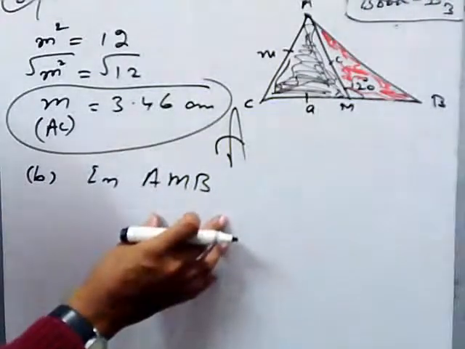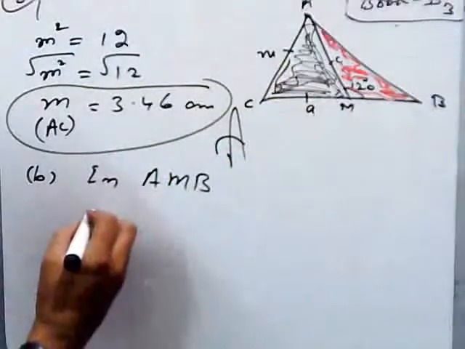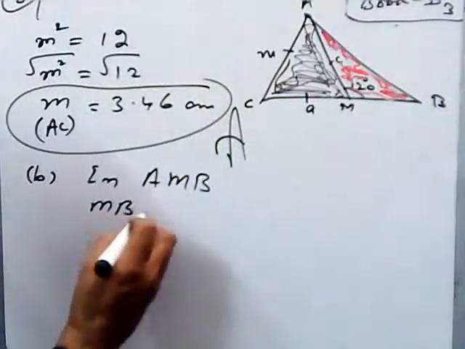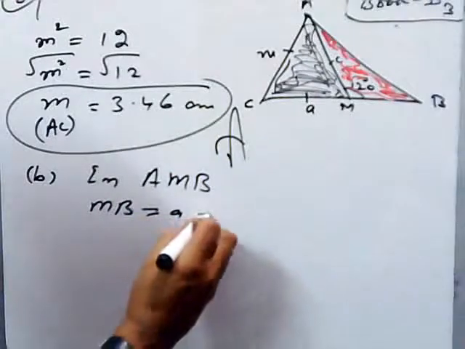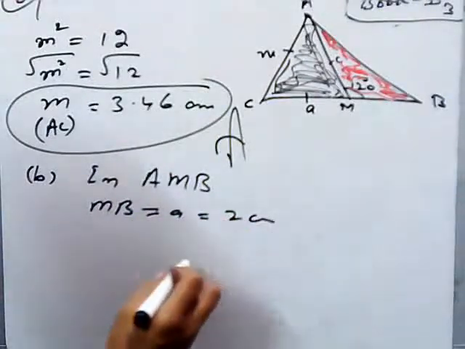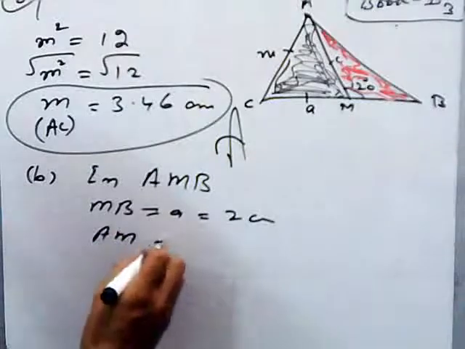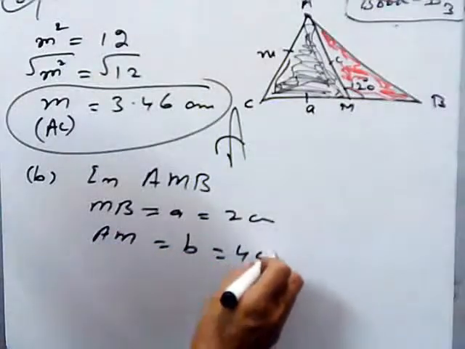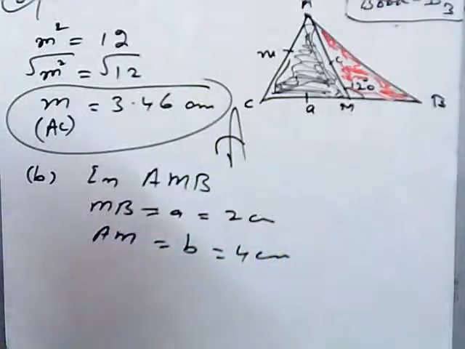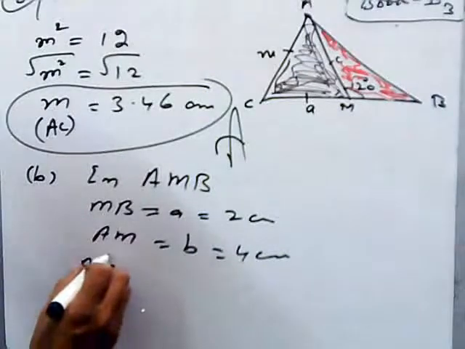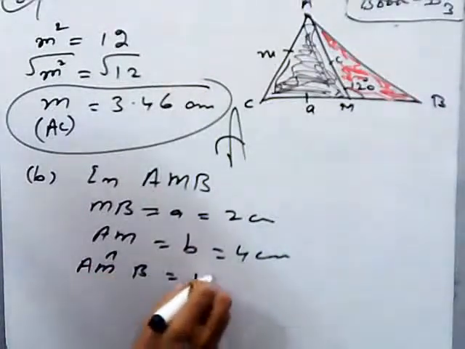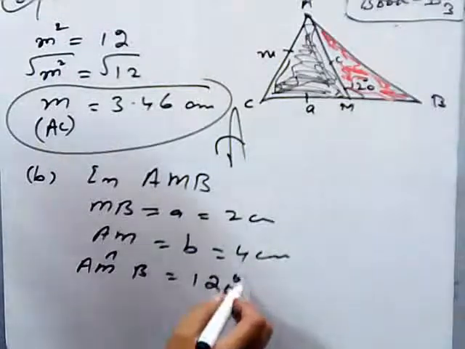Here the value of AM is a, which is 2 centimeter, and MB is b, which is 4 centimeter, and the angle AMB is equal to 120 degree.